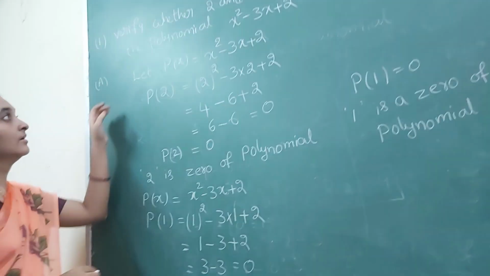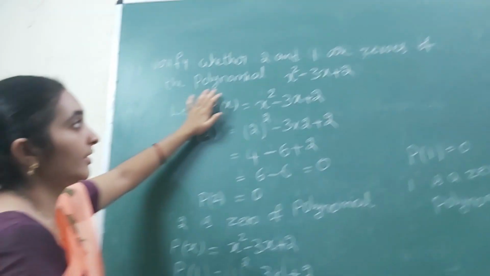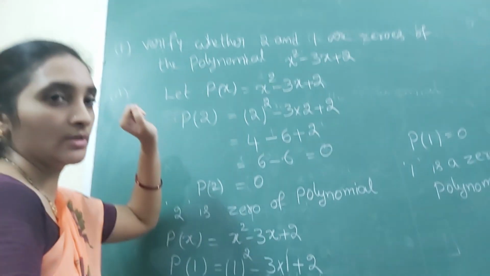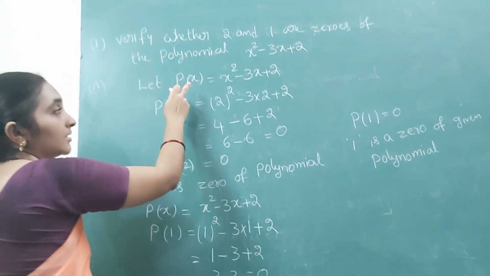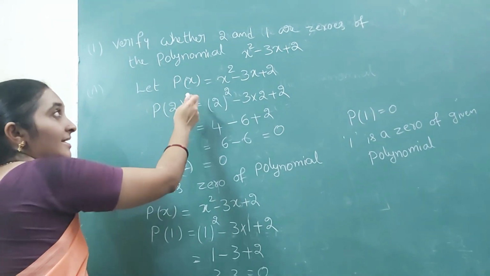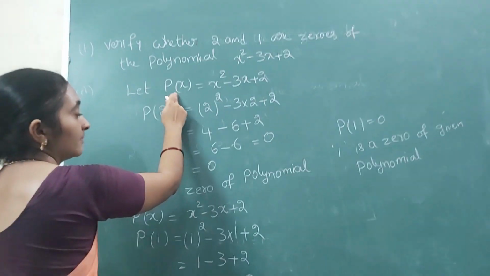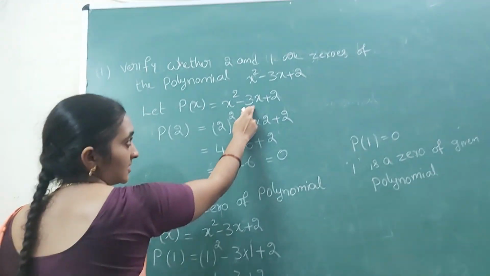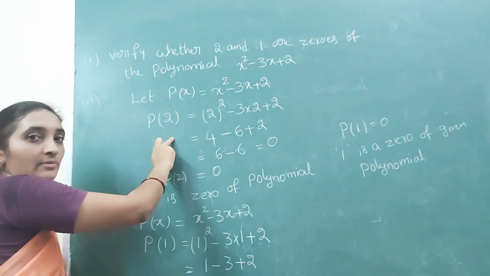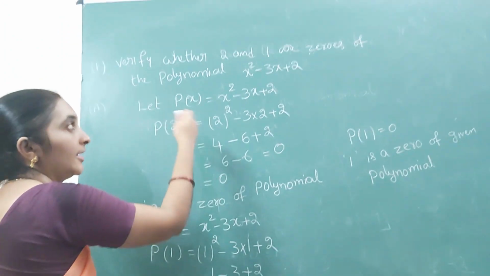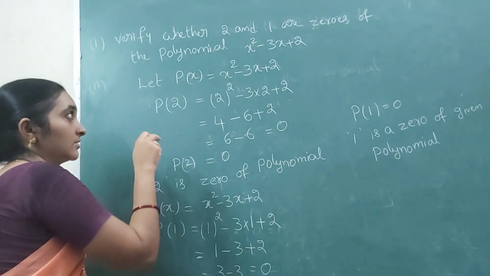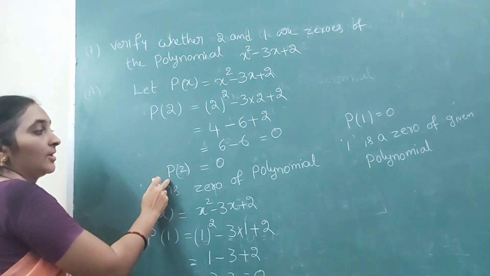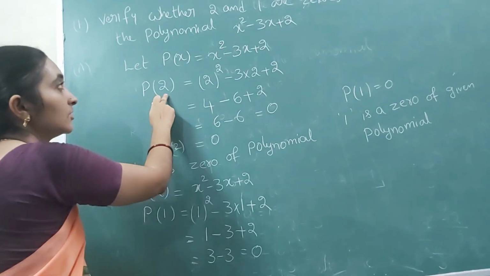Okay, once again. Verify whether 2 and 1 are zeros of the polynomial x squared minus 3x plus 2. First we take the polynomial as p of x. So let p of x is equal to x squared minus 3x plus 2. In this polynomial we substitute 2 and 1. If it becomes 0, then that value is a zero of the polynomial. So first we take 2.